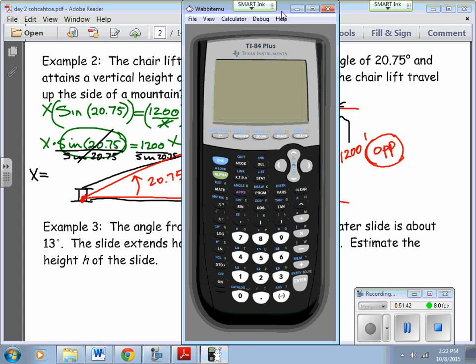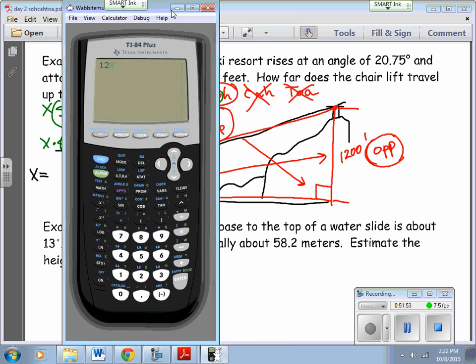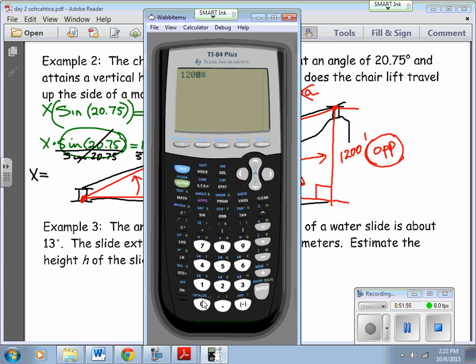Now take a look how you're going to type this into your calculator, okay? You can type it a couple different ways. You can write 1200, hit the division button, and then underneath there, you can do a couple different things.